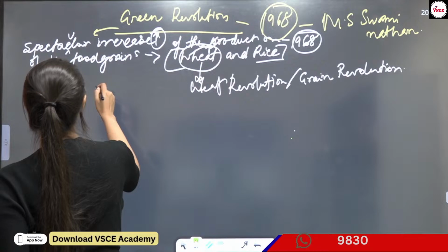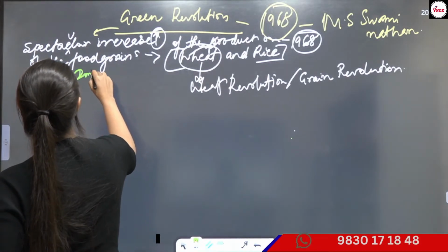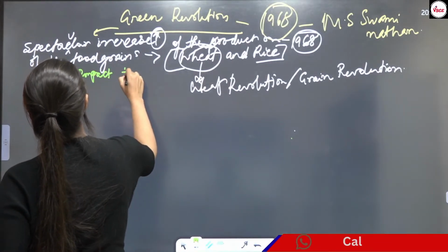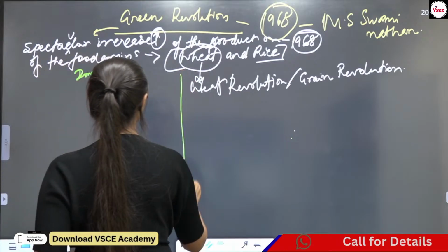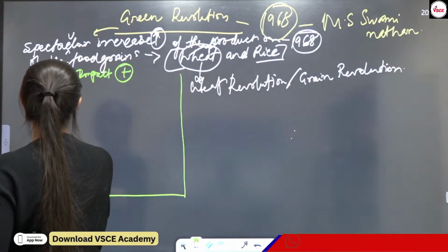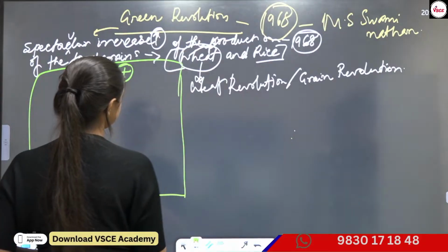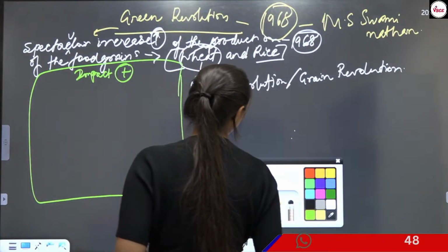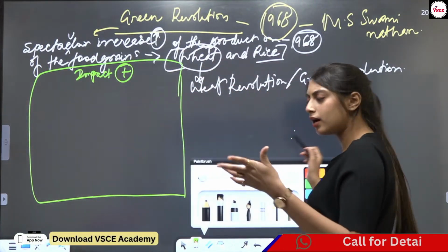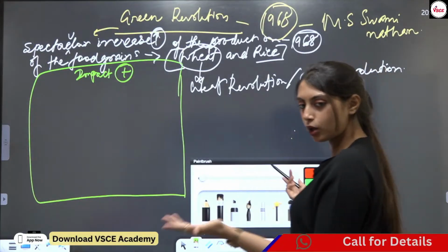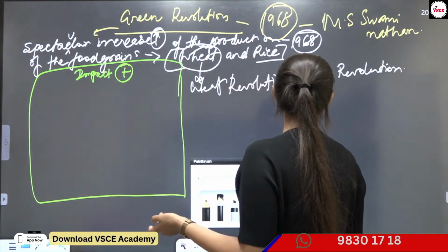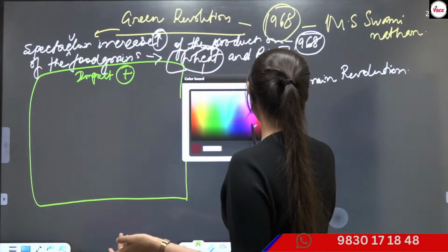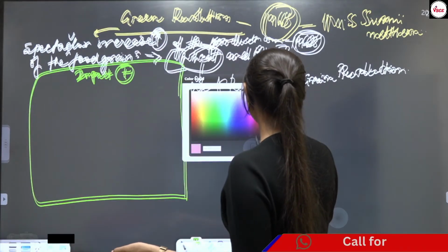Okay, now if we talk about the impact of green revolution, impact means positive side. Let's talk about the positive side here in this block. Yes. Okay. And what about the negative side, ma'am? Is there only pros? What about the cons? Okay. We are going to see both of them. Don't worry.